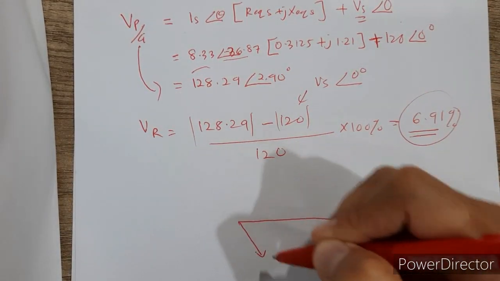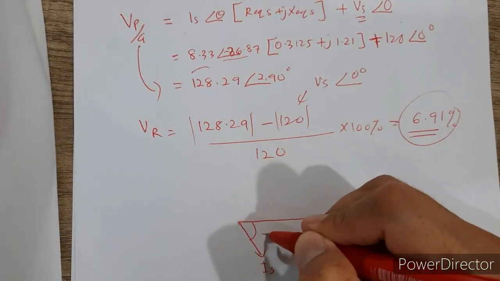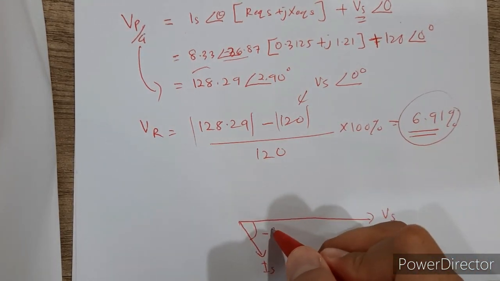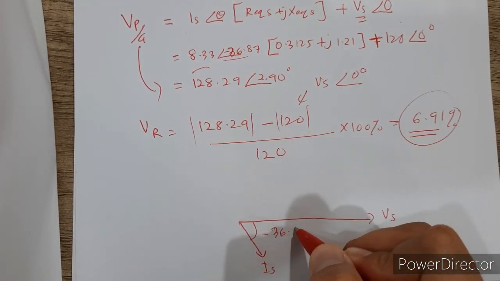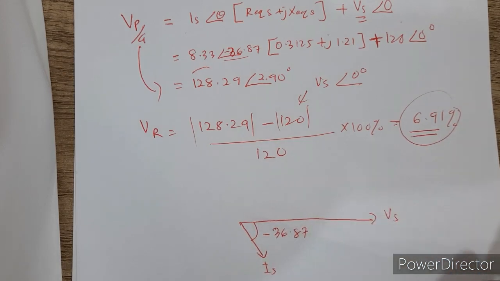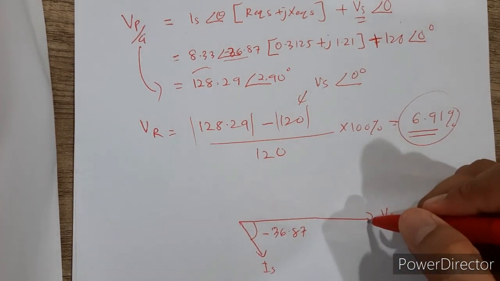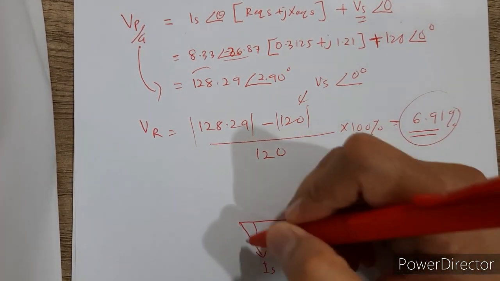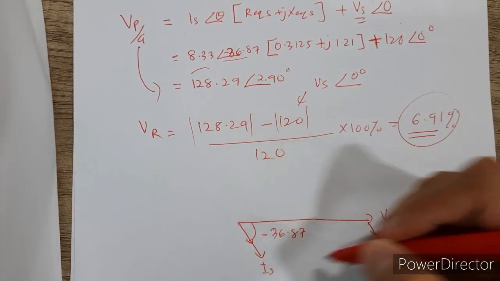So this is IS, with the angle of negative 36.87. Then we draw R equivalent S, parallel with IS.